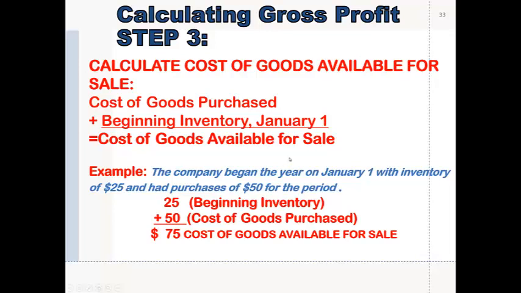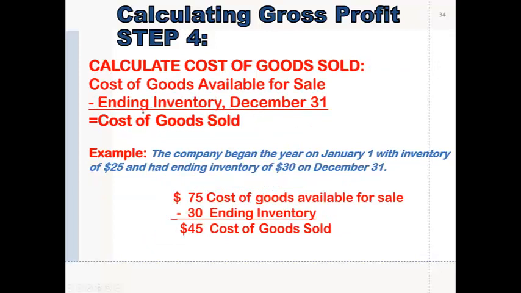So in this case, this company had $25 in beginning inventory, and then we purchased $50 more in inventory. So the total goods that we could have possibly sold during the year was $75. That's our beginning inventory plus the purchases that we just calculated in the previous slide. So we know we've got $75 worth of merchandise in our store to sell for the year.